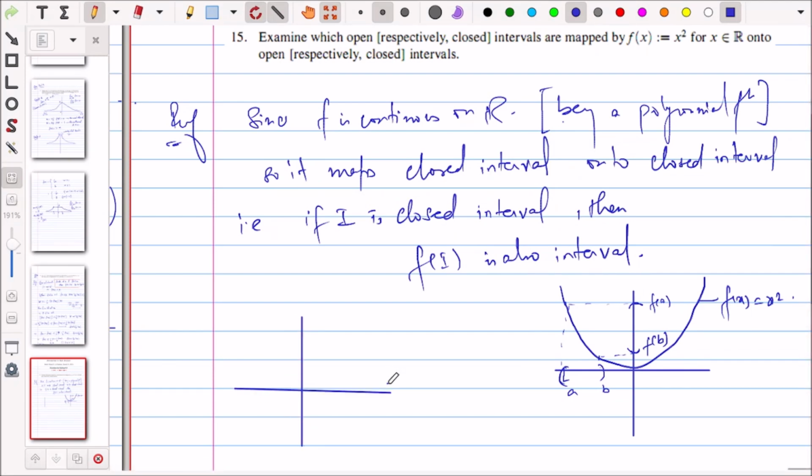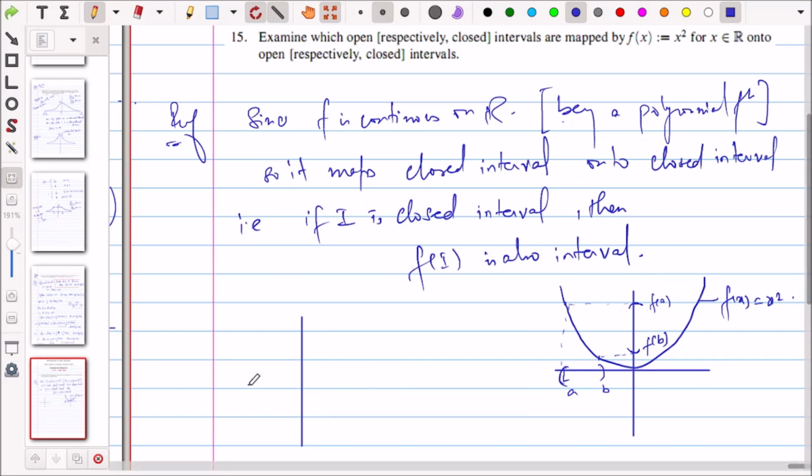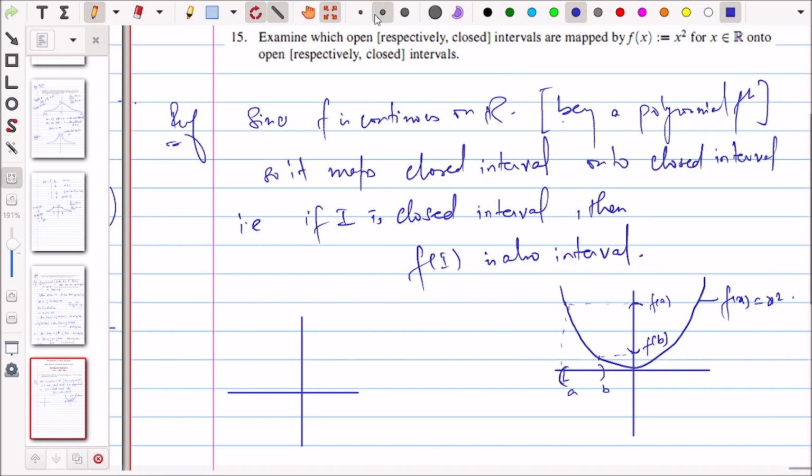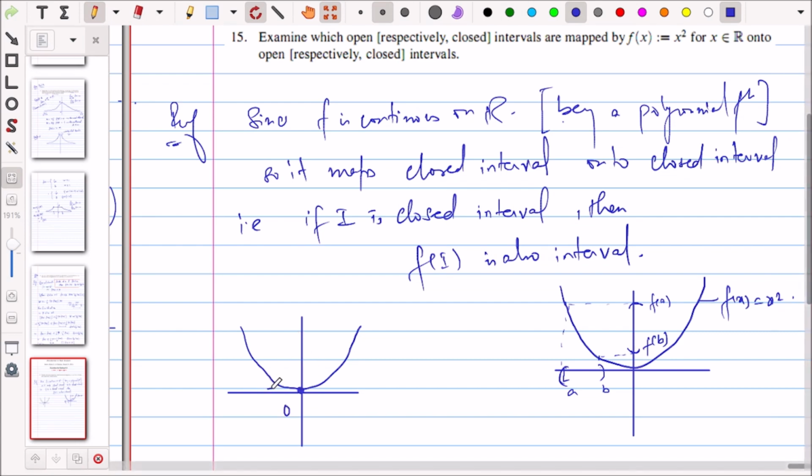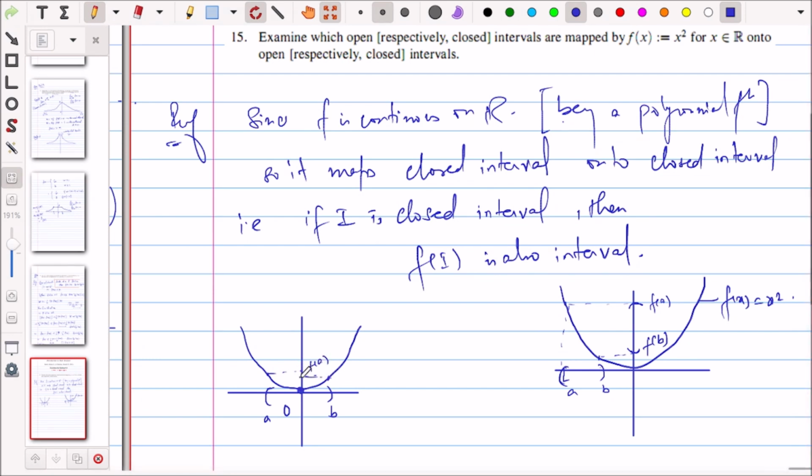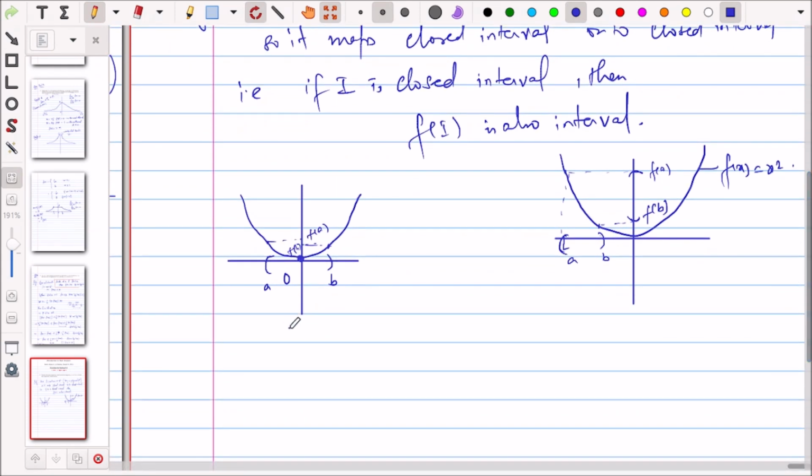Because 0 is the minimum point, if I take an interval (a, b) around 0, with f(a) and f(b) as the values at the endpoints, all these points are covered.